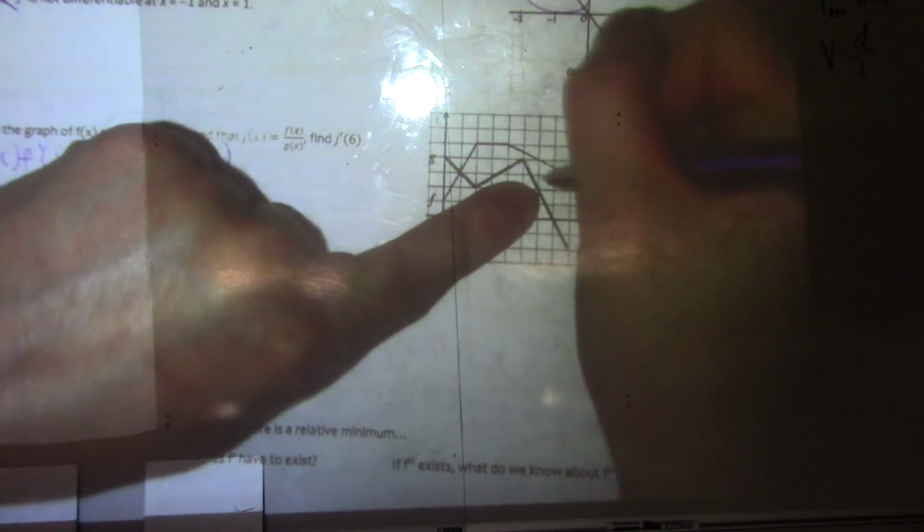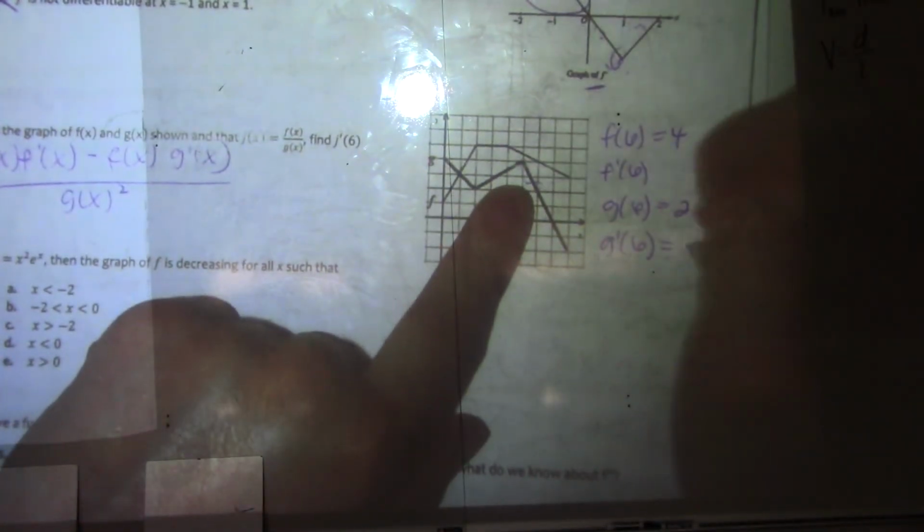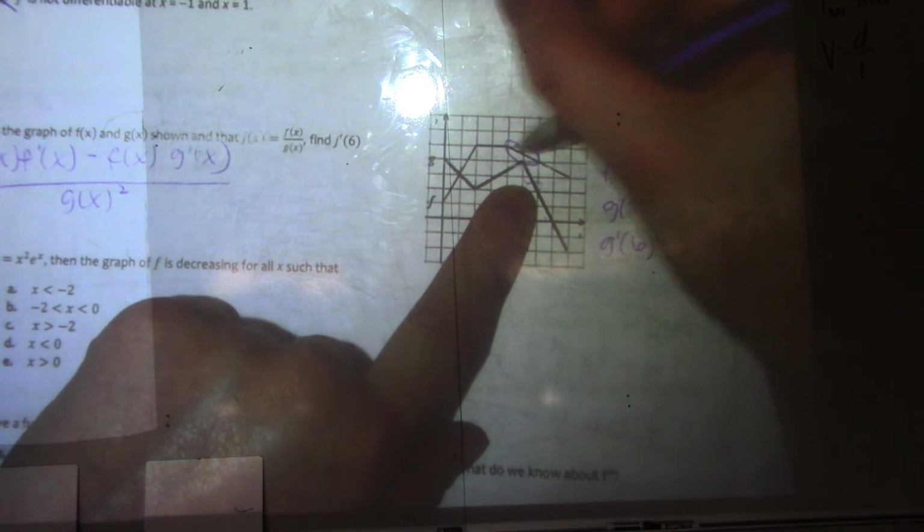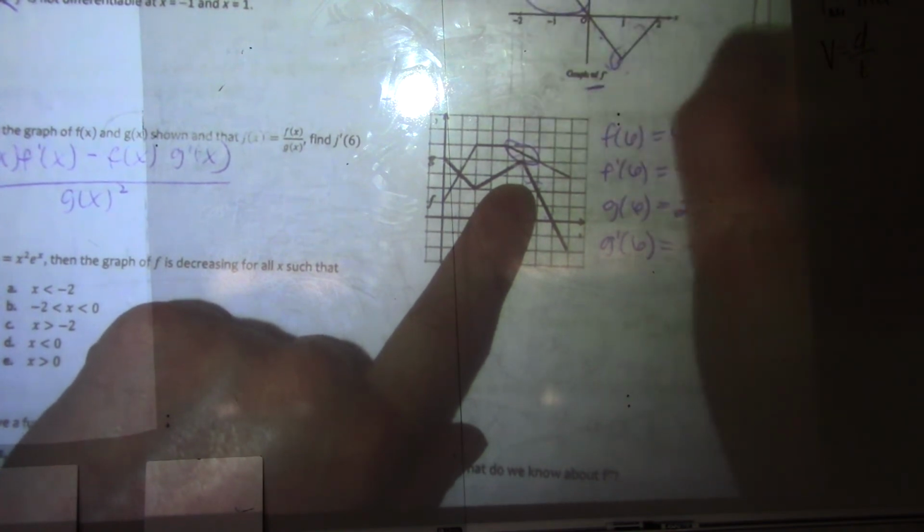So g of 6 is 2, f of 6 is 4, g prime is just the slope, which is negative 2, and here this slope is negative 1/2. So now g is 2, f prime is negative 1/2, minus f, which is 4, g prime, which is negative 2, over g squared, so over 4. This is negative 1 plus 6, this is positive 5/4.